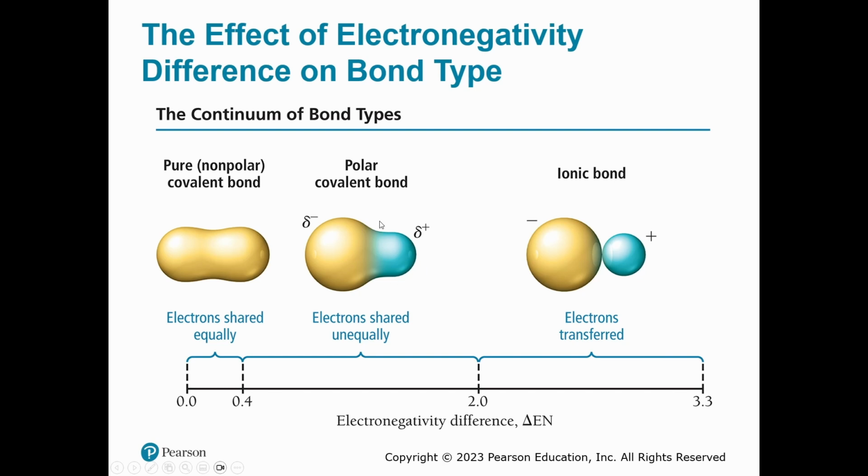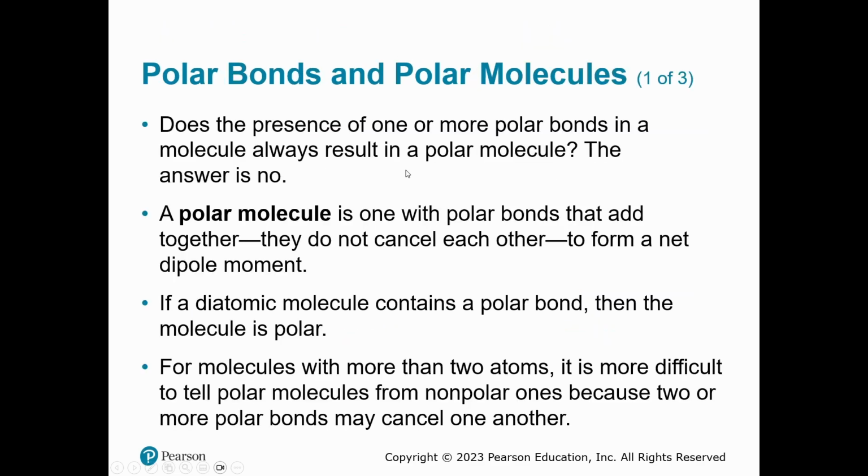We don't have this molecular species. When we perfectly share, there's no uneven distribution of the electron cloud. When we're polar, there's a distribution of the electron cloud. So polar molecules, polar bond, but you can have polar bonds in nonpolar molecules.